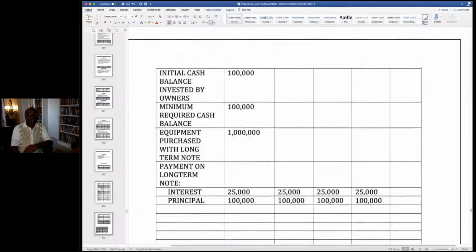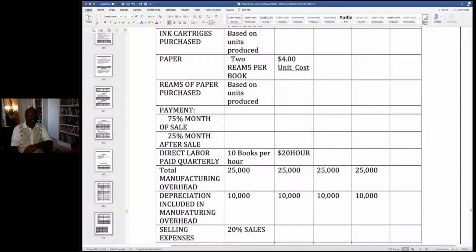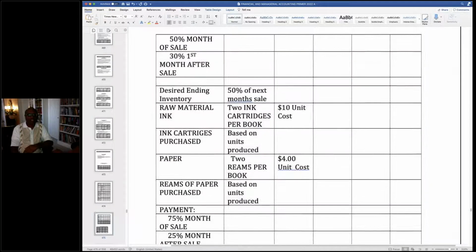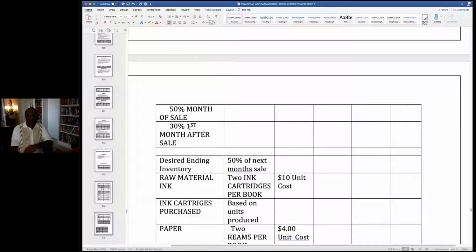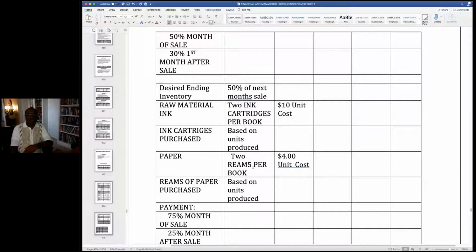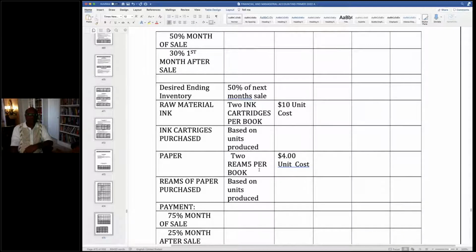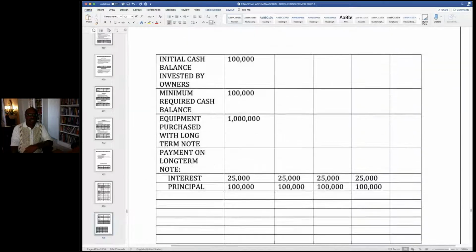What's the paper going to be? 8. 2 rings per book. How much is that going to be? That's going to be $8 for the paper.